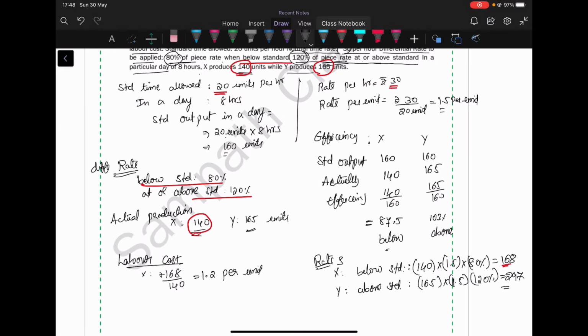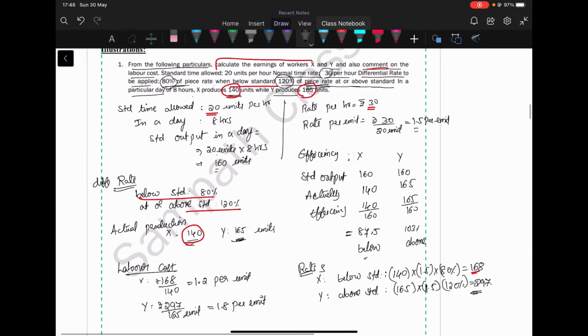That is the cost per unit. For Y, he produced 165 units and he got 297 rupees. 297 divided by 165 is 1.8 rupees per unit. This is the first question. Done? Right. We will move to the second question.